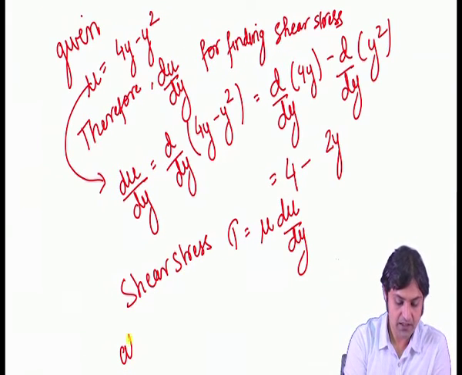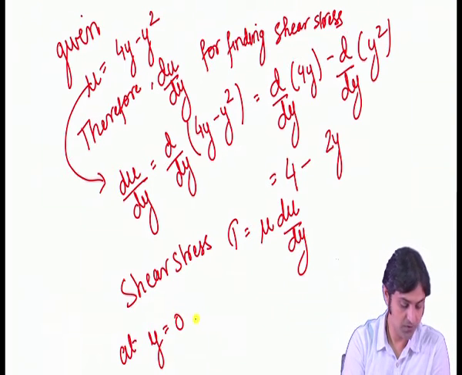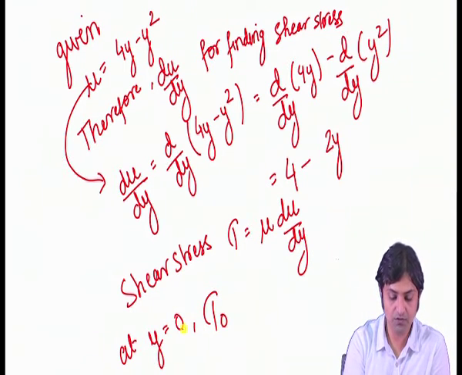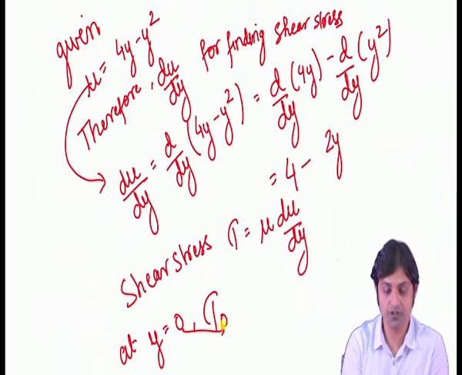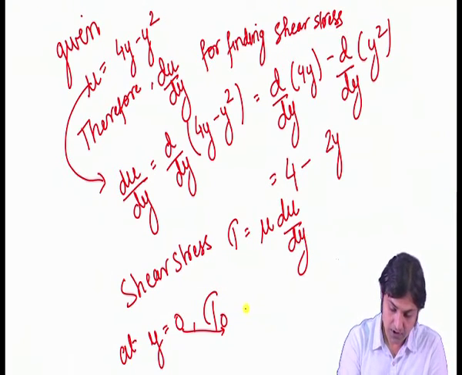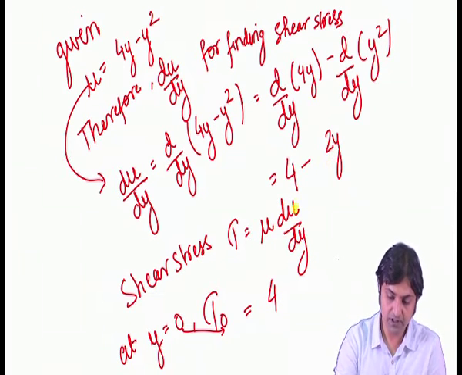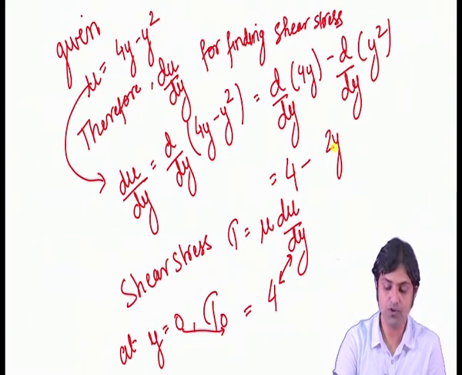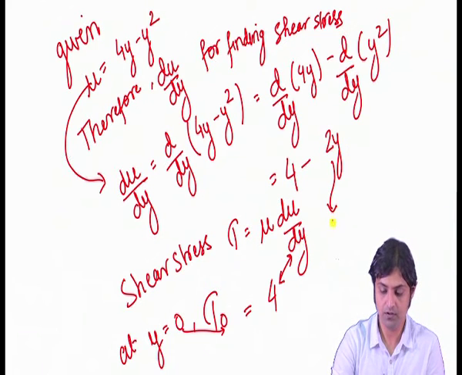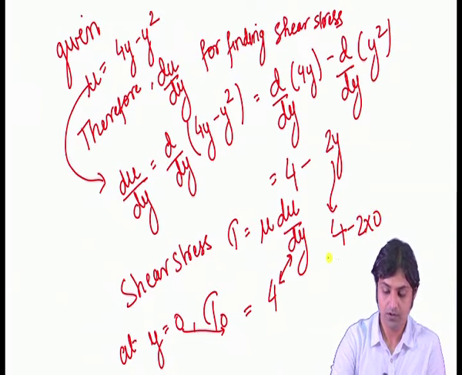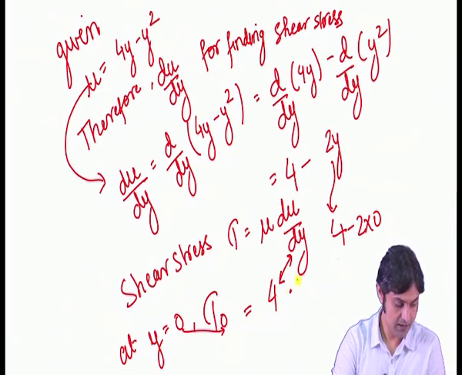So at y is equal to 0, I indicate shear stress at 0 as tau 0. du by dy will be 4, because 4 minus 2 into 0, multiplied by dynamic viscosity, which was 1.5.